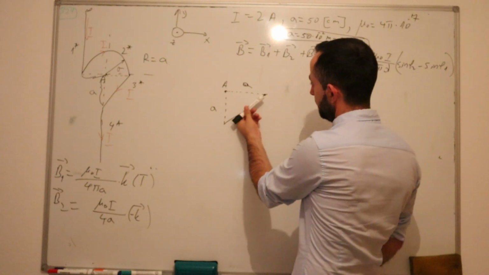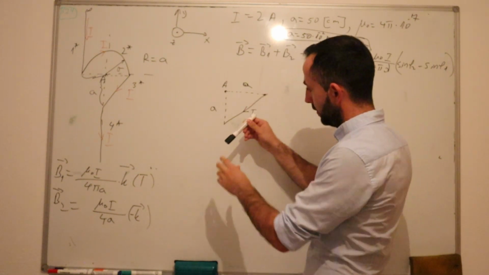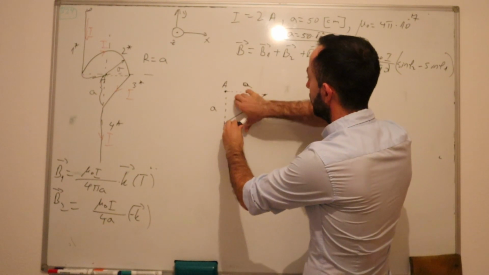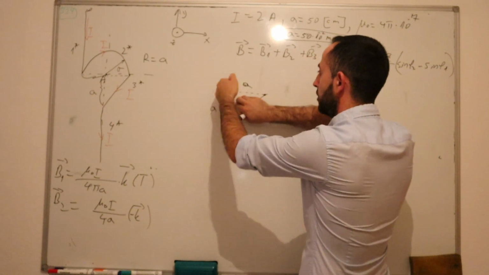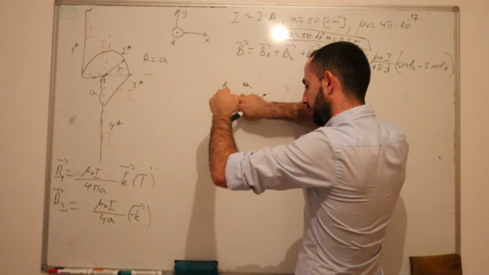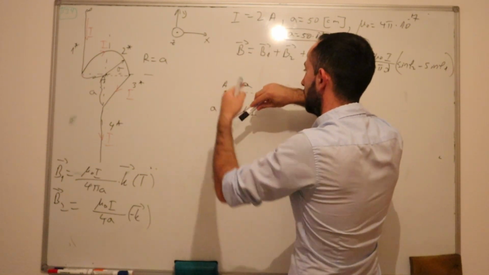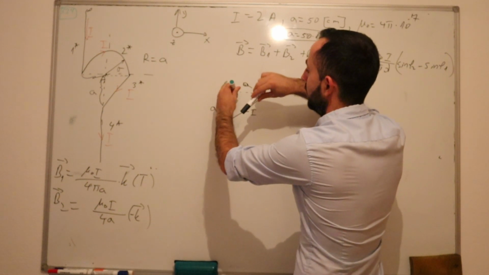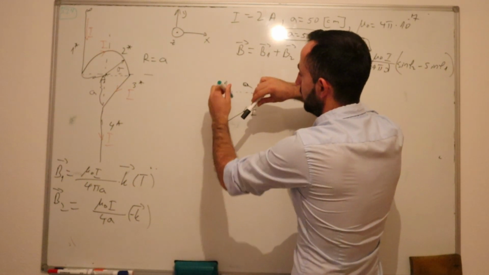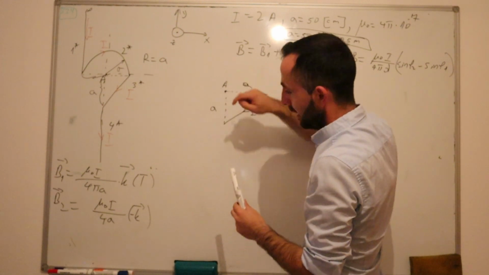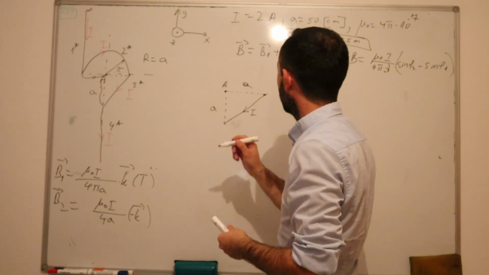Here we have a current this way, we put a thumb and we can see that at this point where we need to calculate the magnetic flux, this is the circle, this is the point, at this point it is the tangent, this is the direction, so the magnetic flux goes from you into the paper.